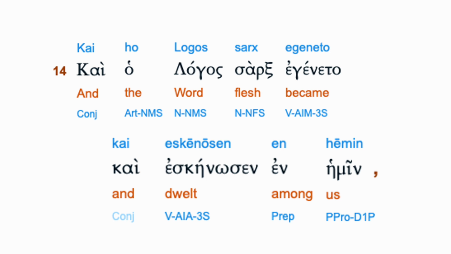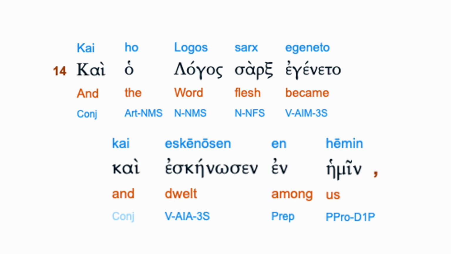So the Word became flesh and dwelt among us. Kai ho logos sarx egeneto. Again, that word to become, egeneto, yet again used. Kai eskenosen en hemin. Now some Bibles say he dwelt amongst us.